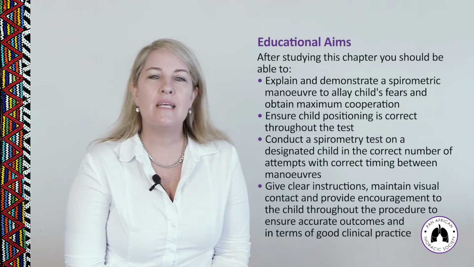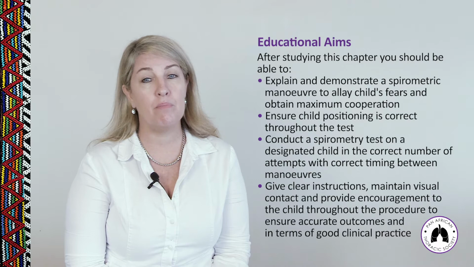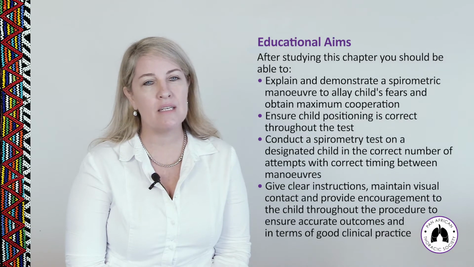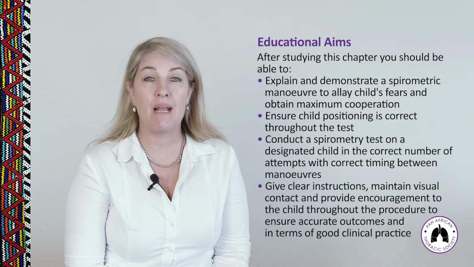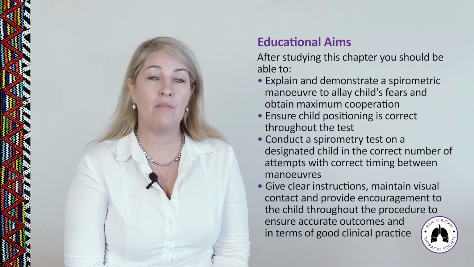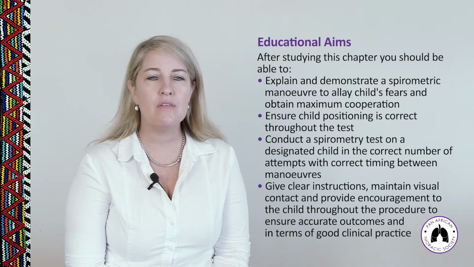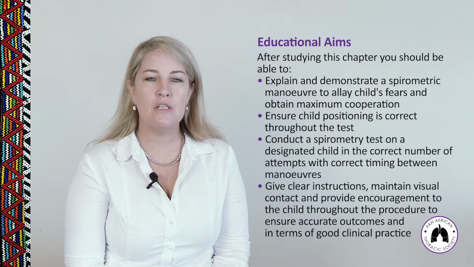So after studying this chapter, you should be able to explain and demonstrate a spirometric maneuver to allay a child's fears and to obtain a child's maximum cooperation. Ensure child positioning is correct throughout the test. Conduct a spirometry test on a designated child in the correct number of attempts with correct timing between the maneuvers. Give clear instructions.